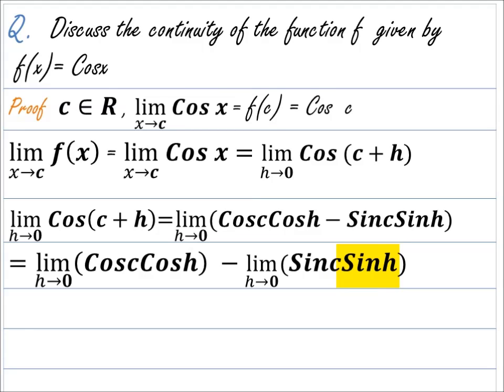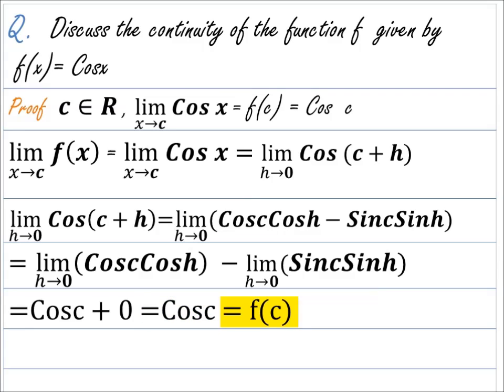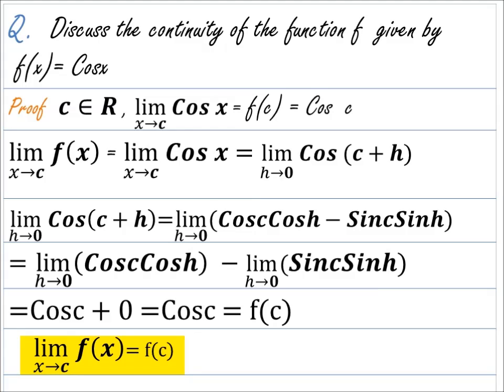So this expression becomes cos c minus 0, which is equal to cos c, which is equal to the value of the function at the point c, or f of c. So that means the limit of the given function at the point c is equal to the value of the function at the point c, which is the required condition for a function to be continuous, and which means the cosine function is a continuous function.